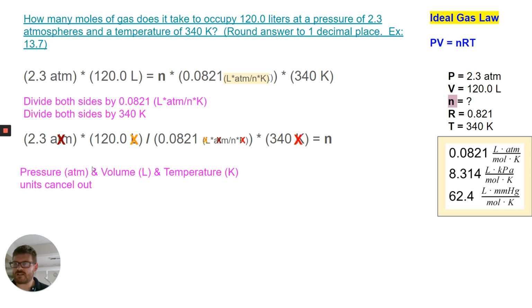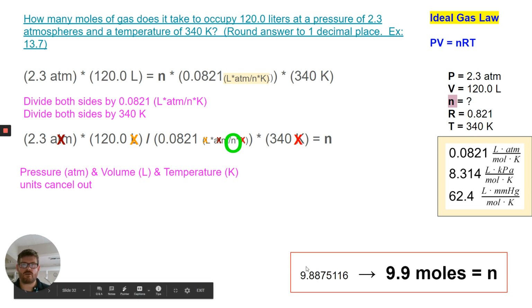So here's how it all cancels out. There's pressure, pressure, volume, volume, temperature, temperature, leaving us with just our answer in moles that's hidden in that constant there. So your calculator will do the rest of the work. Remember to round here to 1 decimal place. So this is going to come out to 9.9 moles.